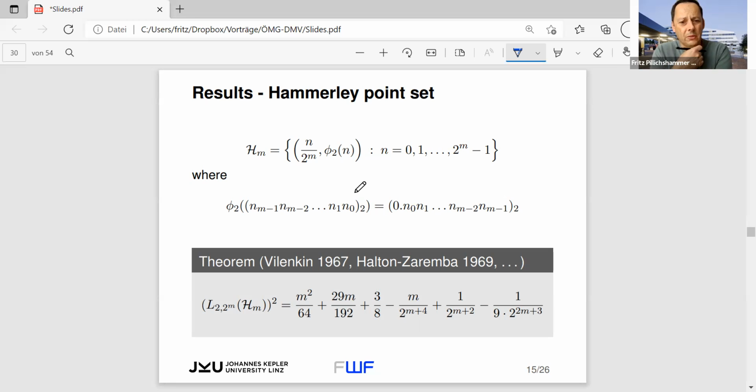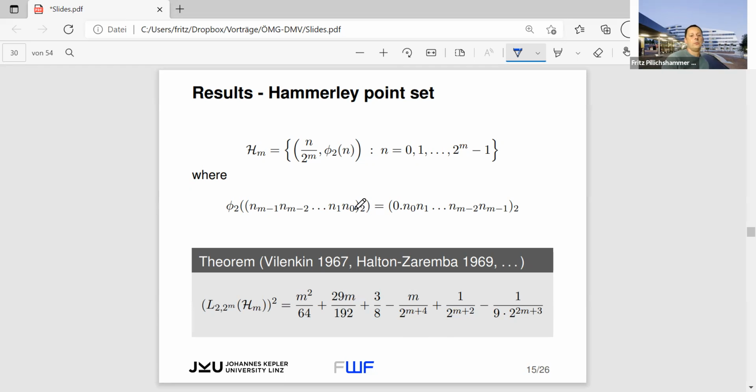This formula goes back to the 1960s: Vilenkin, Halton, Zaremba, but a lot of authors come up with new proofs until today. There appear new proofs of this very nice formula. The formula is in terms of the index m, and I would point out already here that the leading term in this formula, the dominant term, is m to the power of 2, which will cause some problem later on. Okay, so m to the power of 2.